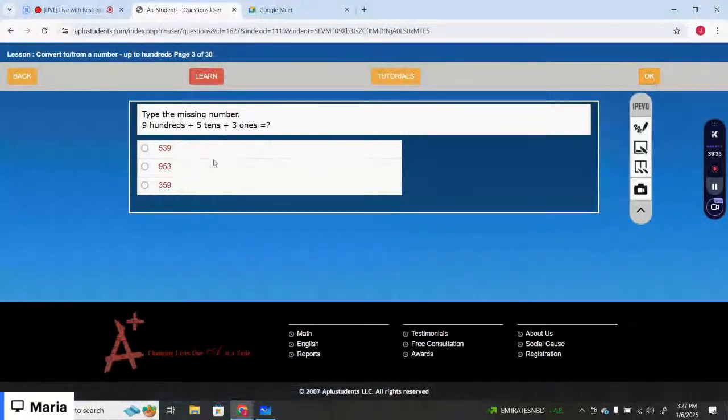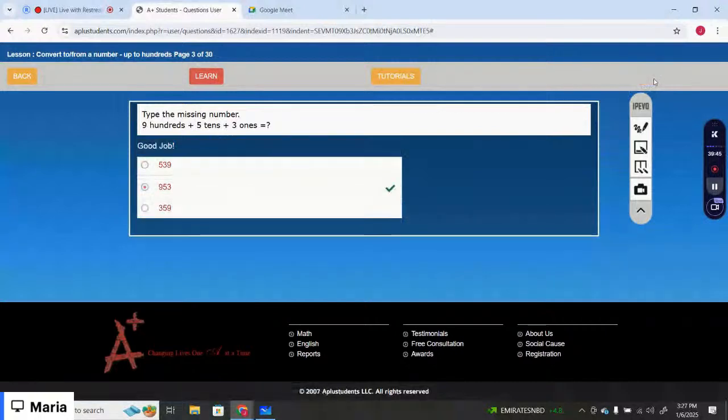That is option number 2, 900s. 9 is at the 100 position, 5 is at the tens position, and 3 is at the ones. So the number they make is 953.